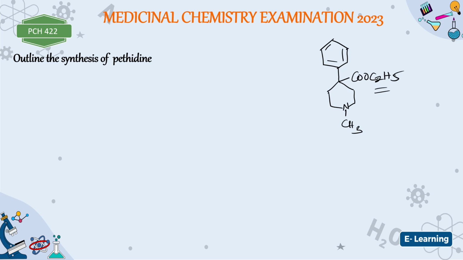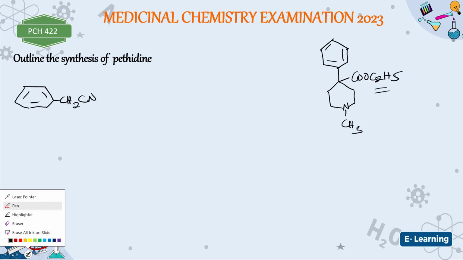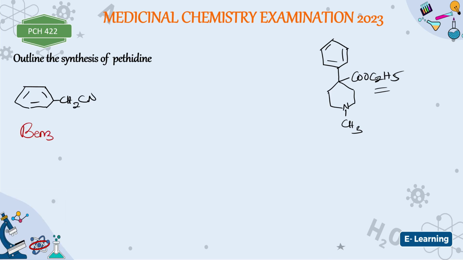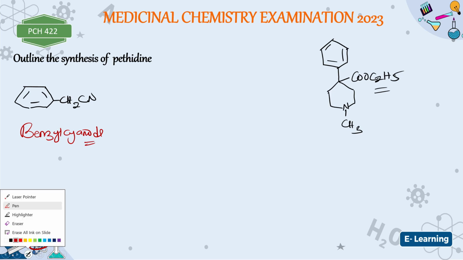What is the starting material for this synthesis? It is benzyl cyanide, right? So we have the benzene ring, which is something like this. Then you have CH2CN. This is benzyl cyanide. So you come here and write it down, and bis 2-chloroethyl methylamine.